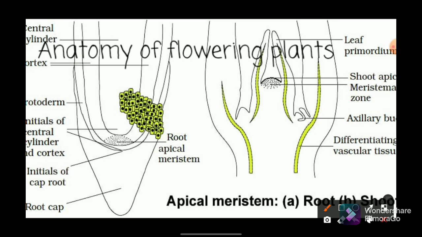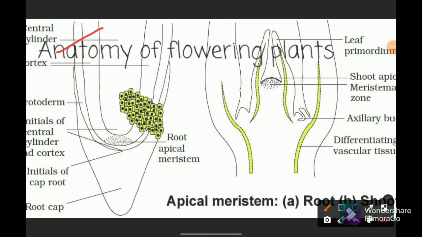In the root apical meristem you see the central cylinder, the cortex, and the protoderm. Over here maybe it's not clear because half of it is eaten off. Then these are the initials of the root cap, and this is the root cap and the root apical meristem.